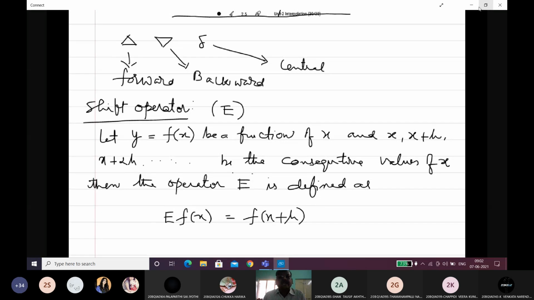E of f of x plus h is equal to f of x plus 2h, like that.